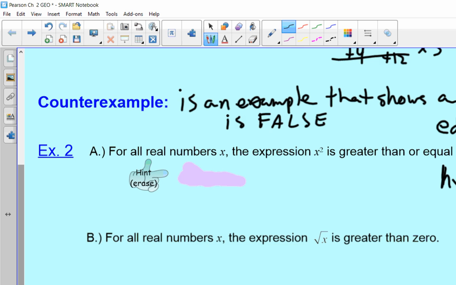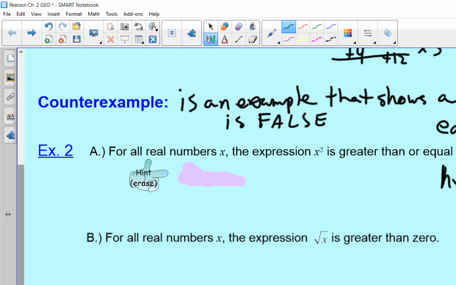So I need to find something that I could say is x, but then I'm going to square it, and I have to disprove that whenever I square something, it's always going to be bigger than what I started with. Okay. So I'll give you a second to think about that. What kind of number, if I squared it, would not be greater than or equal to what I originally started with?